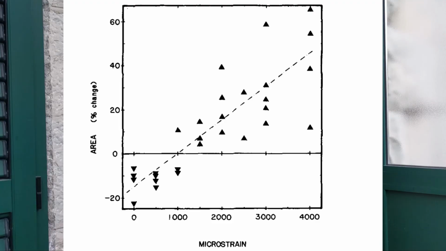Now, an interesting phenomenon also can be seen, that the higher the strain, the more individual dependence of the response that turkeys had. So the dispersion between the results of the last group is quite a bit higher than it is of, let's say, the 1000 strain group.